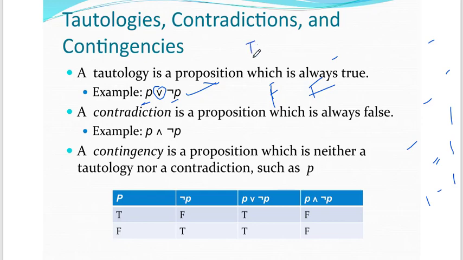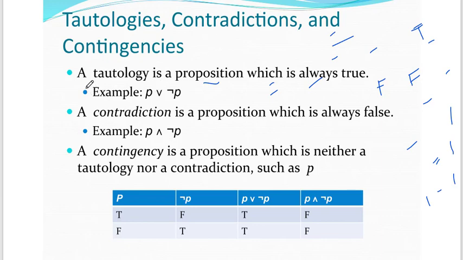Because if one is true, then the other, its negation, will become false, and if the first is false, then its negation will become true. But at the same time both are not possible to become false. So the overall proposition will not become false, and this type of compound proposition is always true. So this is called a tautology.